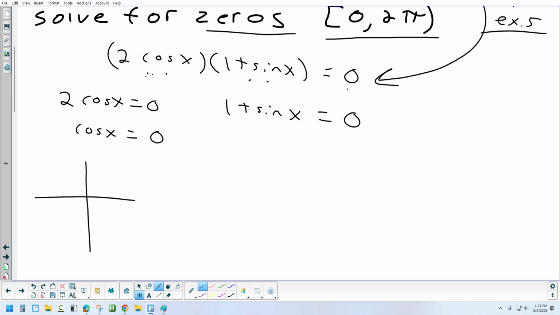Okay. And this could be a non-calculator question anyway, on like an AP or something like that. So look at your unit circle. What angle has an x value, because that's cosine, of 0? Yeah. 90.